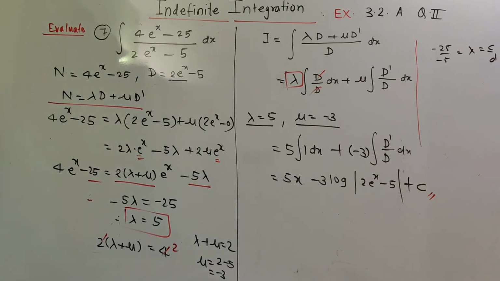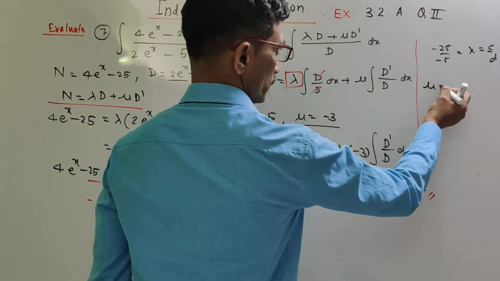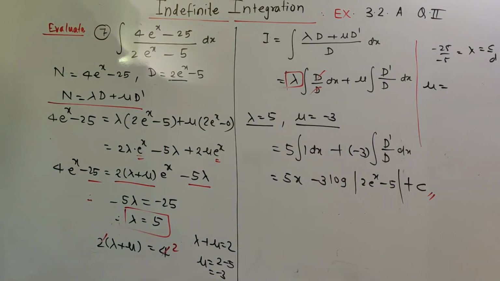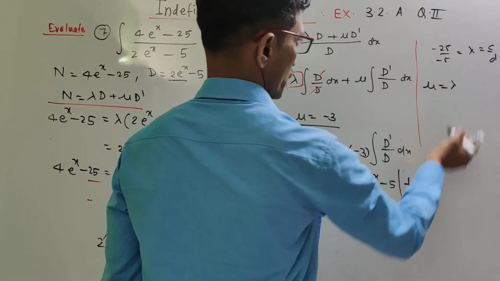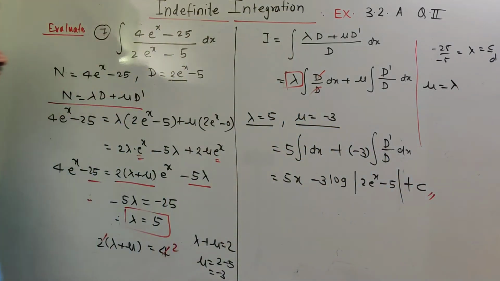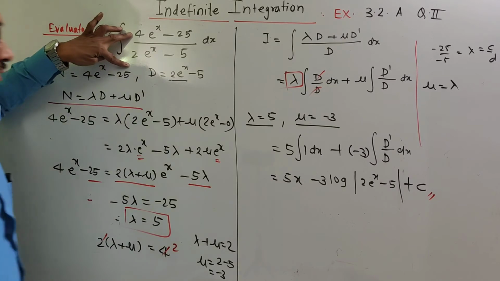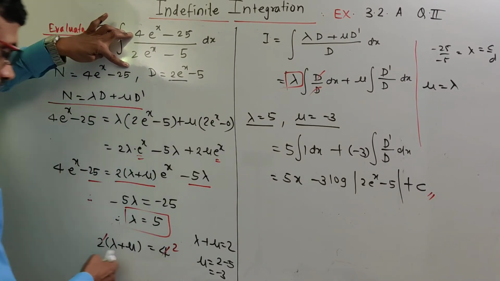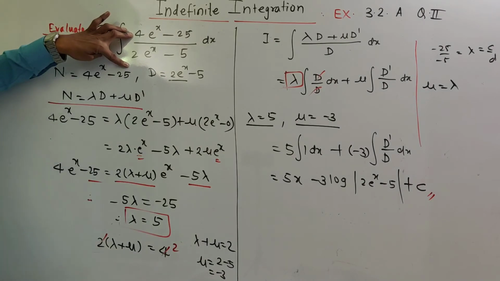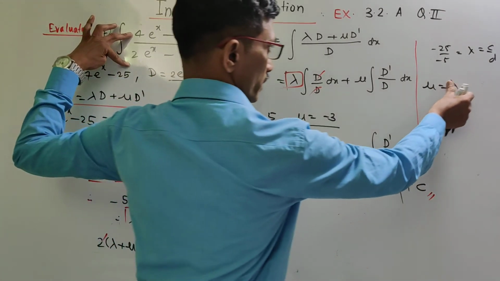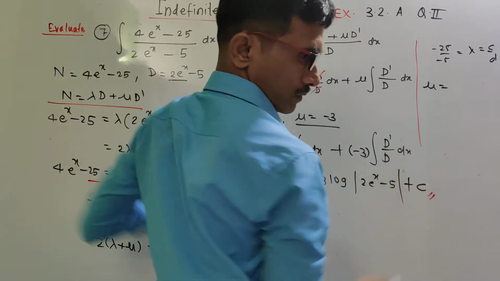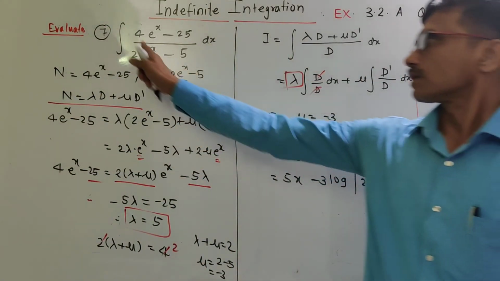Then lambda plus mu is equal to 2, which is nothing but 4 upon 2, where 4 is a upon c. So we are getting mu is equal to a upon c minus lambda.